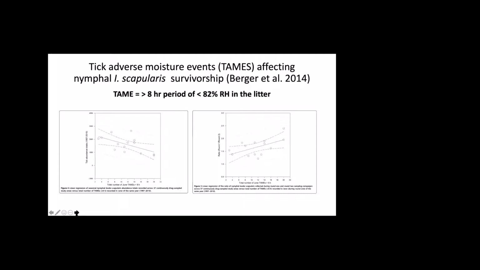And so you have the same x-axis, the total number of tick adverse moisture events, and on the y-axis it's the ratio of how many ticks you found the first time, which is the numerator, to the number of ticks that you found the second time, which is the denominator. If the ticks were the same in both events, your ratio should be 1. But given that there's always mortality, you should see that the numerator is larger than the denominator. And here, certainly, you see this positive slope.